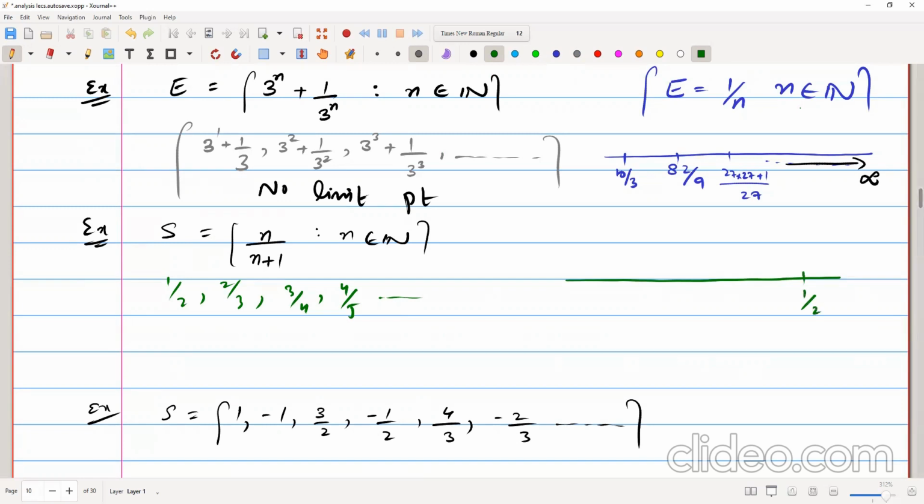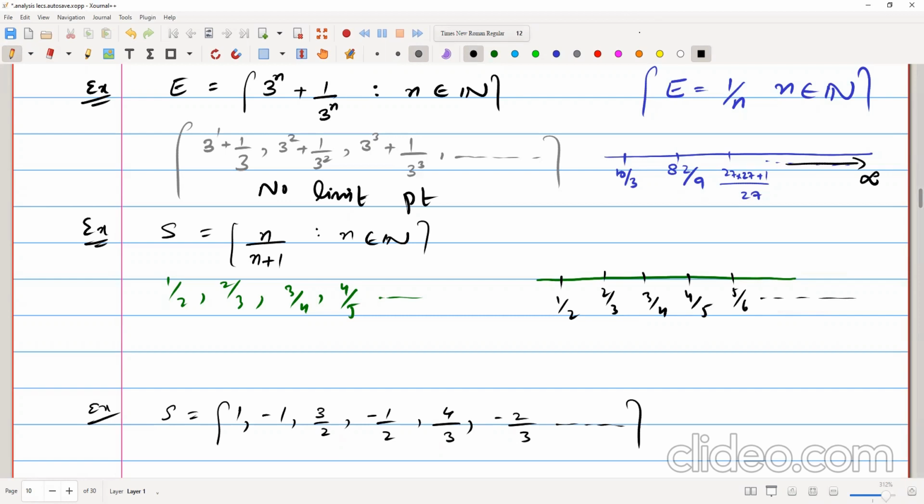Okay, 1/2 is the greatest element, then 2/3 is lesser... Just a minute. It's not in this order, it's in increasing order. I'm sorry, because 2/3 is greater than 1/2, so we have 1/2, 2/3, 3/4, 4/5. So it's increasing. 5/6, increasing, increasing, increasing.